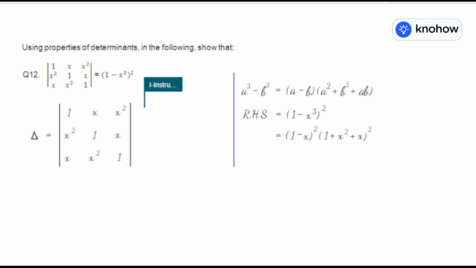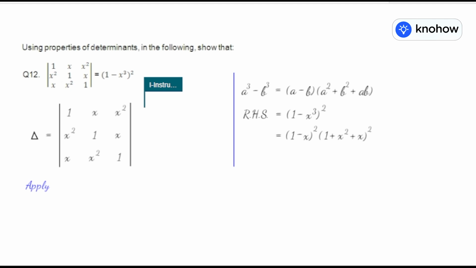If you add C1 plus C2 plus C3, what do you get? 1 plus x plus x squared. We have got the other factor, and we'll get one more later. We are not directly getting 1 minus x cubed, but we get the factor 1 plus x plus x squared. That's why I discussed that.